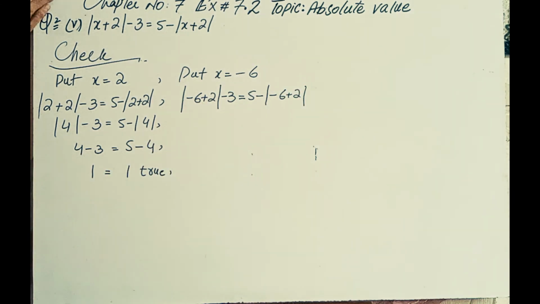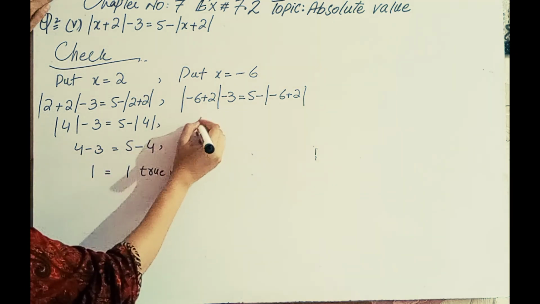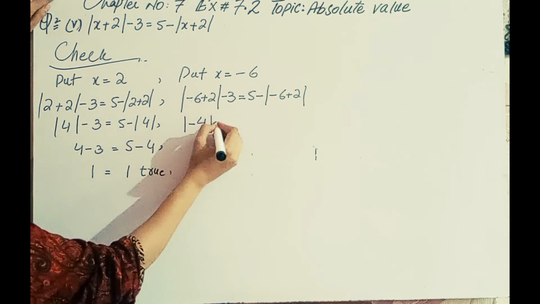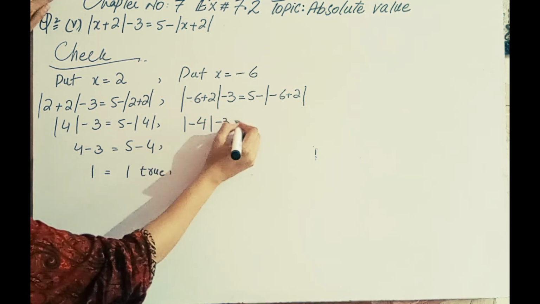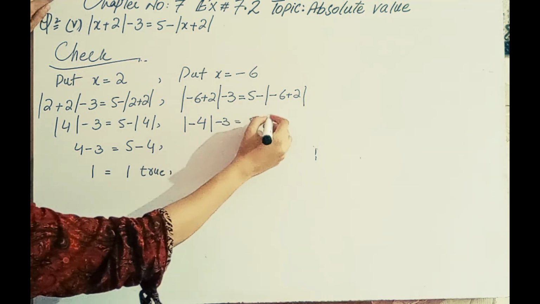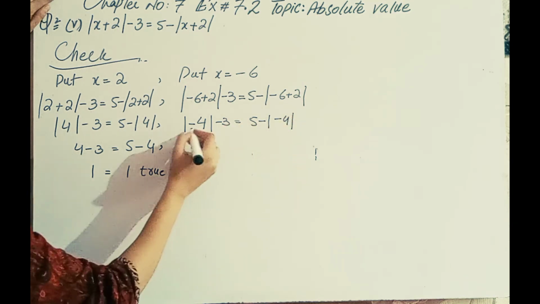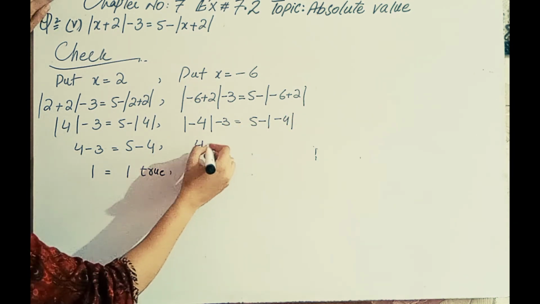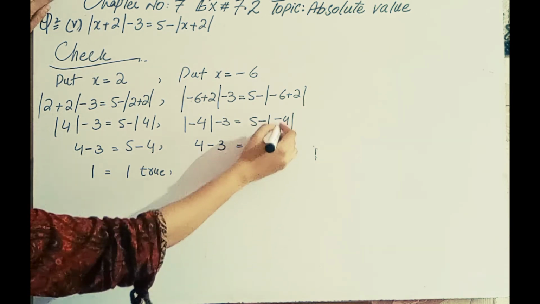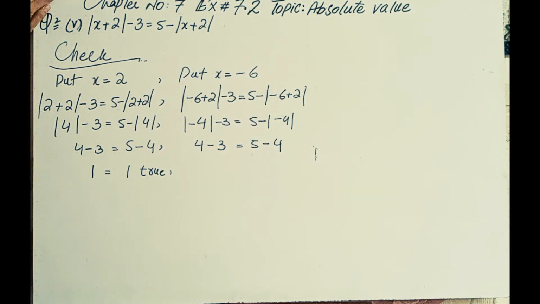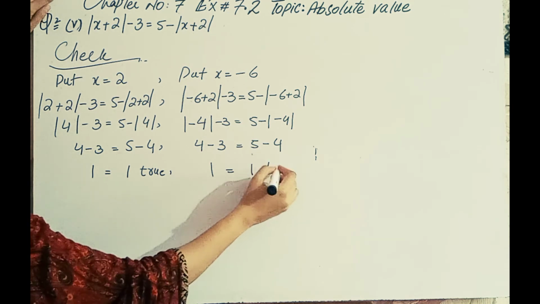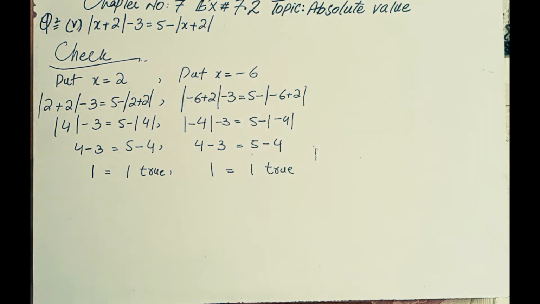Minus 6 plus 2 gives minus 4. Absolute minus 4 will give us positive 4, minus 3 equals 5 minus absolute of minus 4 is positive 4. 4 minus 3 is 1 equals 5 minus 4 is 1. So 1 is equal to 1. This is also true. It means both the solutions are true.